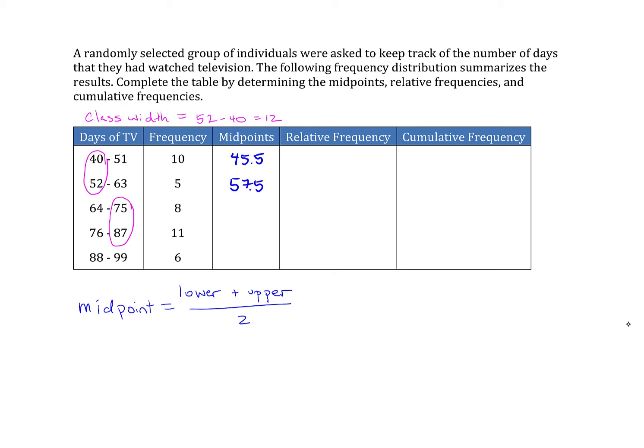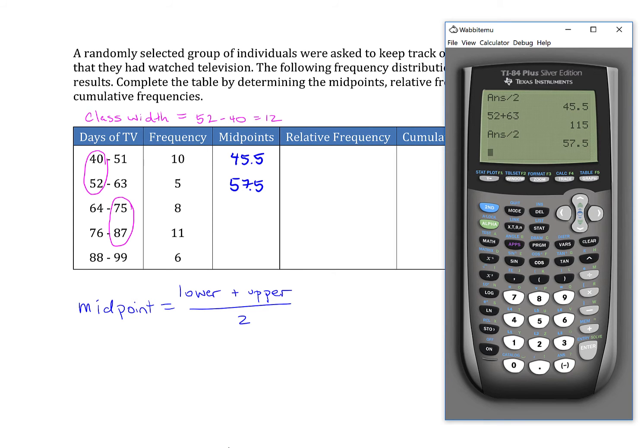Likewise, 87 minus 75 is 12, and 75 minus 63 is 12. This 12 is a constant value throughout my table. Also, 57.5 minus 45.5 is also 12. It's no surprise that if all my lower class limits are off by 12 and all my upper class limits are off by 12, the middle values of those classes would all be off by 12 as well.